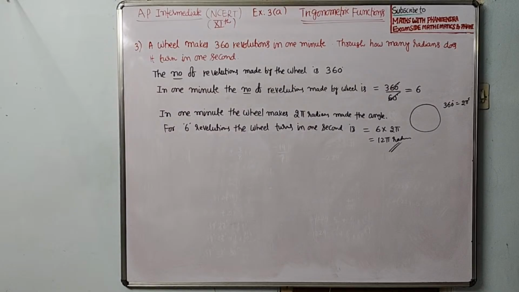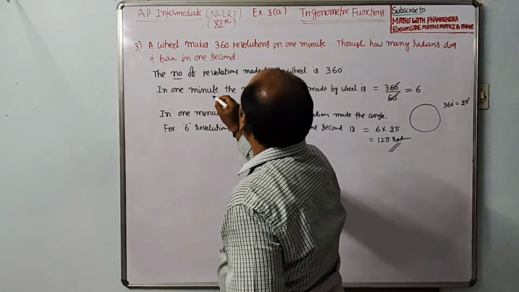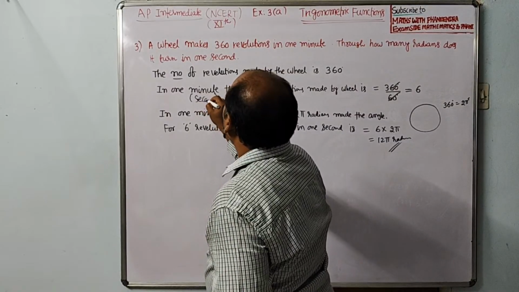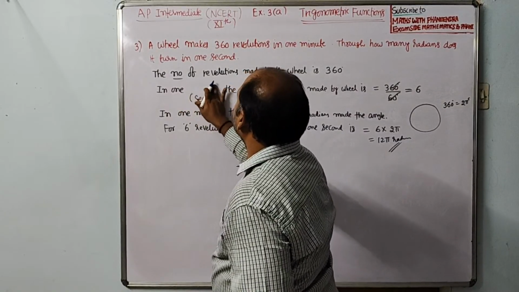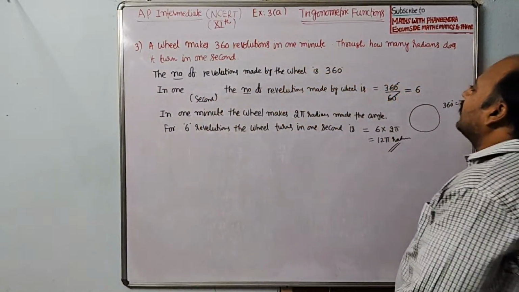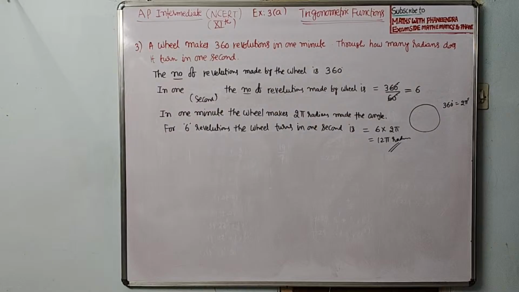Okay dear students, we will go to the next question. The number of revolutions made by a wheel in 1 second. Here we are writing in 1 second, the number of revolutions, because that is the reason we are dividing with that.